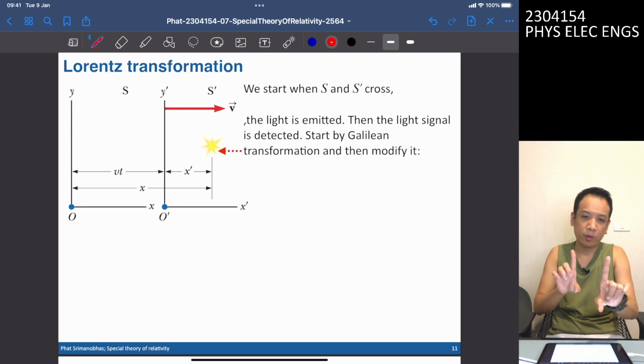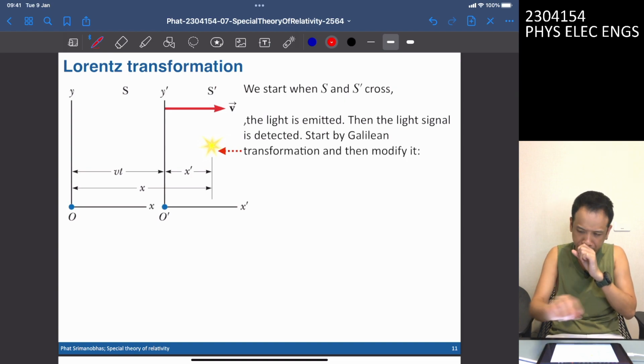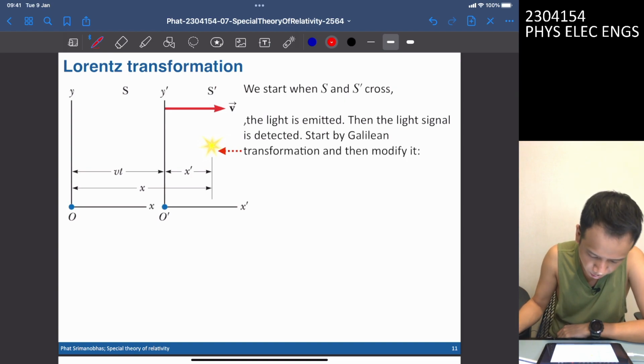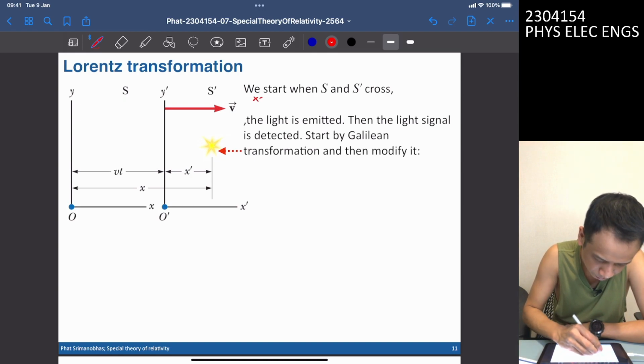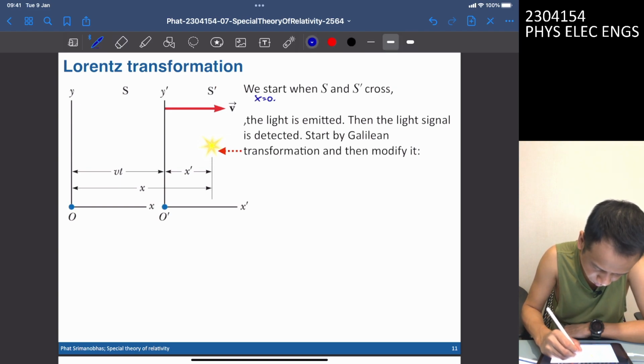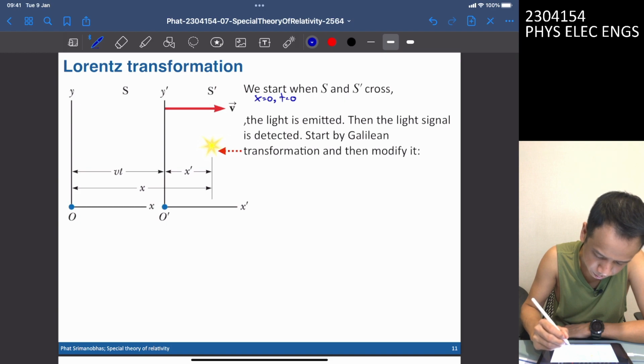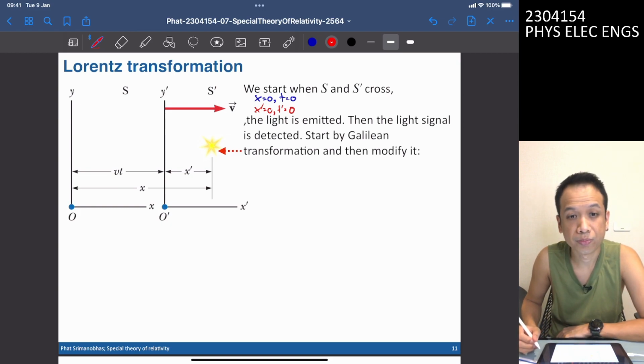When the two frames cross, you set up the times: x equal to 0 and t equal to 0 in one, and x prime equal to 0 and t prime equal to 0 in the other.